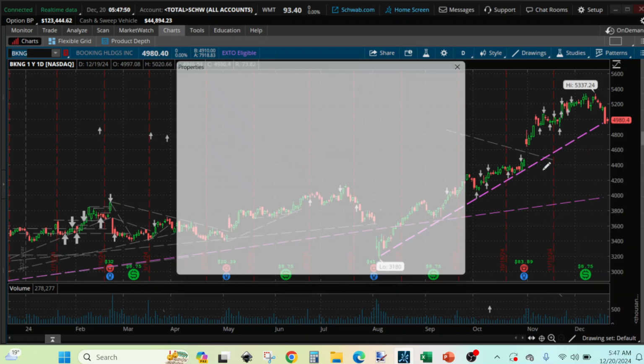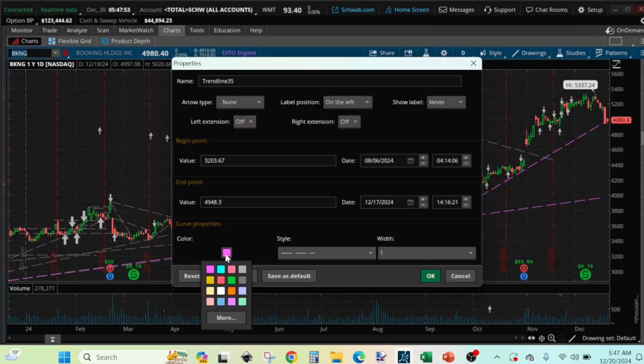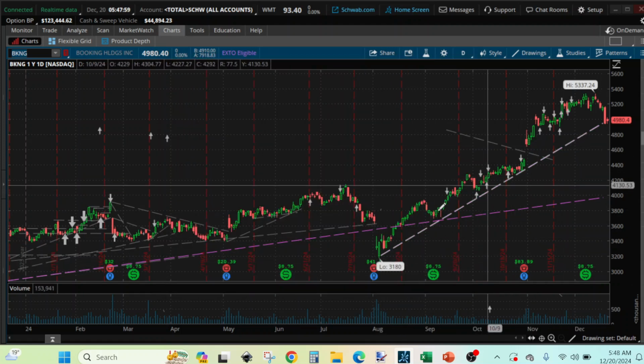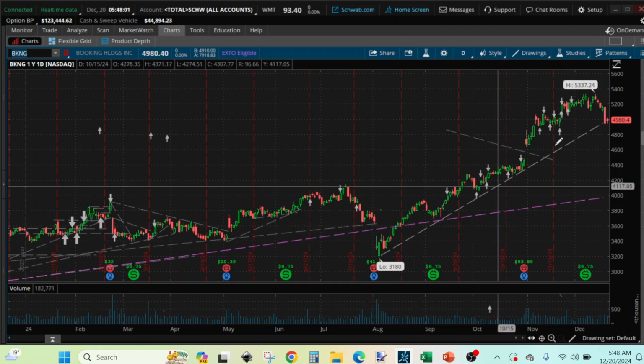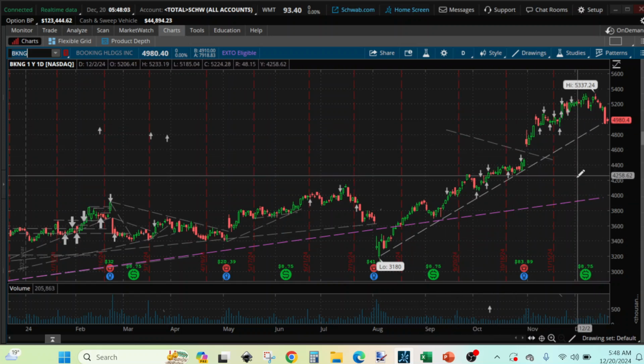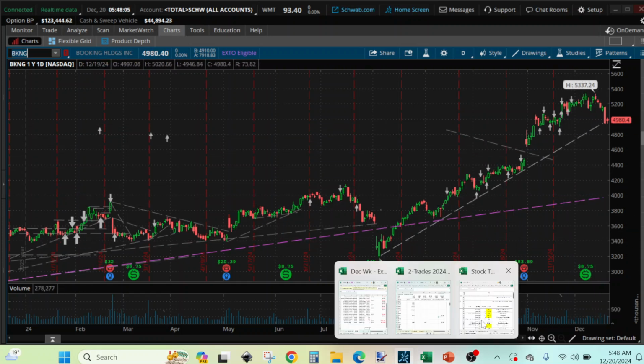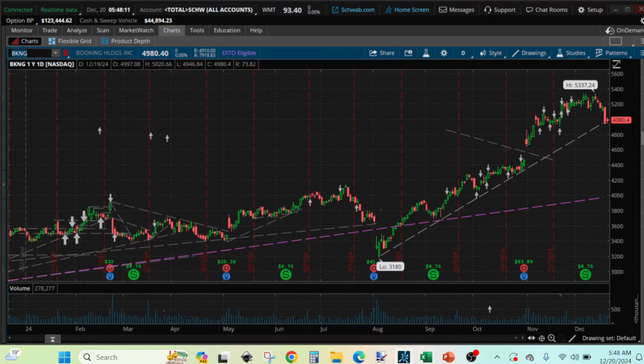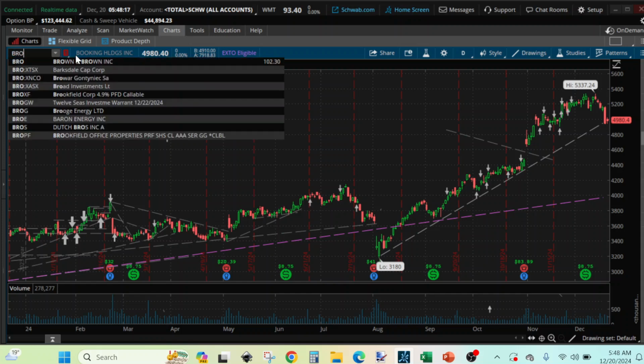So I'm going to take this because a lot of them are falling off of those mid-year trend lines. I don't know if that one is going to fall off or not, but I'm going to track it and plan to enter on that line and just wait on it.